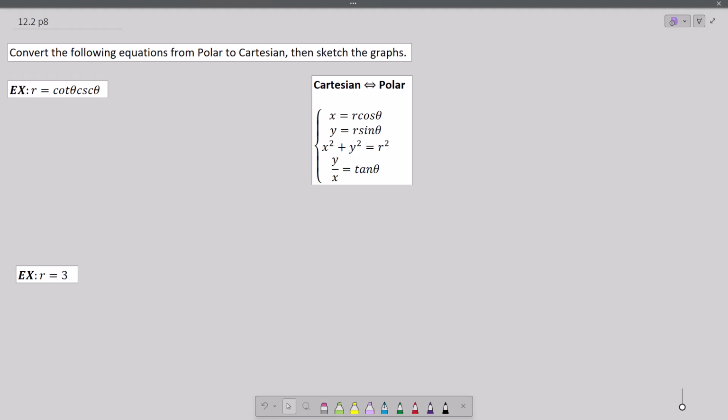So first off, when we look here, we see sine, cosine, and tangent in our equations that convert back and forth. So we don't want these guys. We want to convert to sines, cosines, and tangents. So what we can do here is rewrite cotangent as 1 over tangent. And we can write cosecant as 1 over sine.